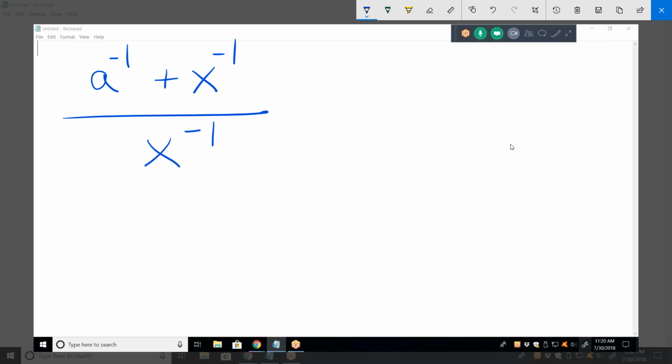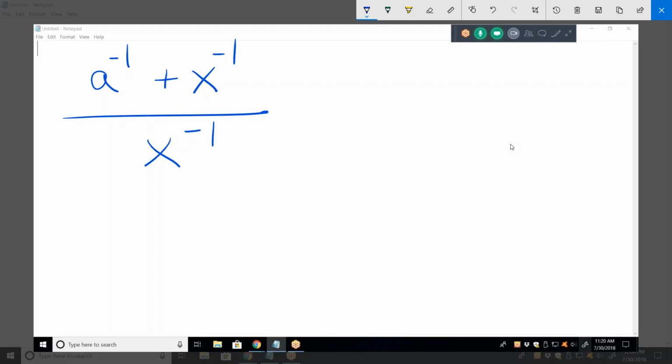One thing on here looks kind of different. We probably went over it. It's a to the negative first power plus x to the negative first power, over x to the negative first power. All like this? Yes. So convert all of these to positive exponents.